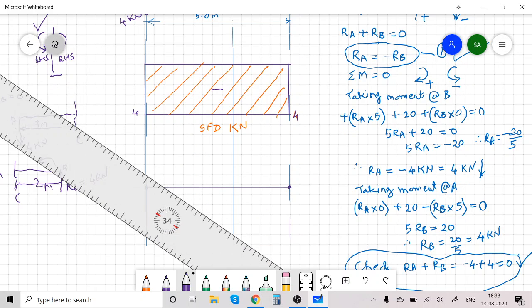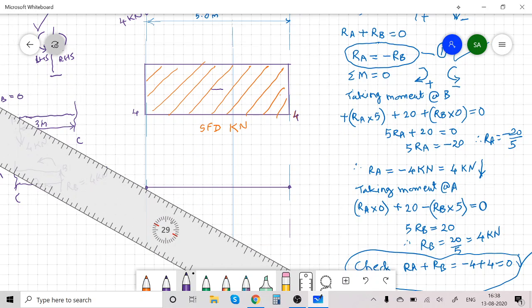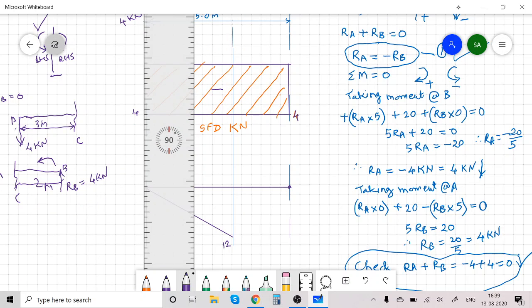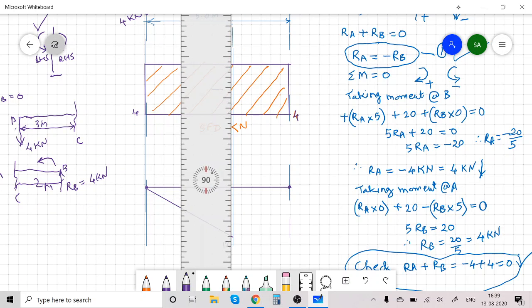If you consider the left hand side of C, the bending moment is minus 12. So as it is minus, I will mark 12 below the baseline and below the C. Remember, at C, there is a clockwise moment of 20 kilonewton meter. So this is minus 12, and at C plus 20, that is the clockwise moment. So minus 12 plus 20, what I will get is plus 8.